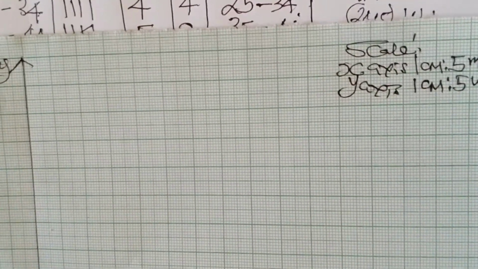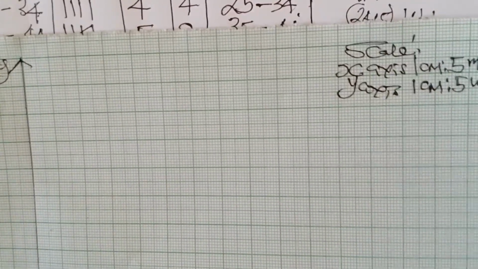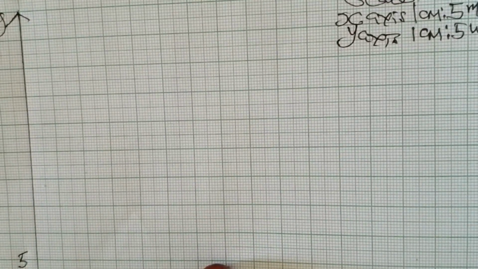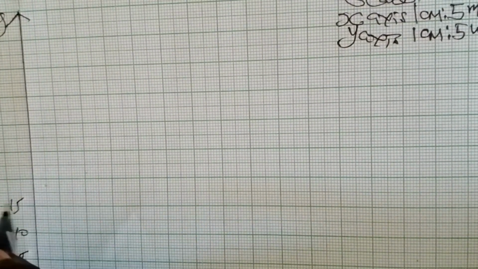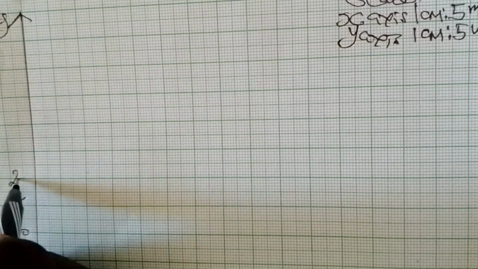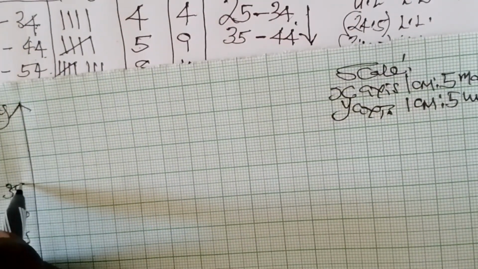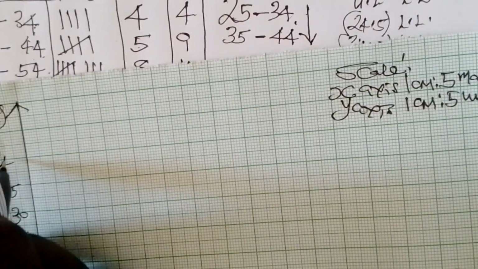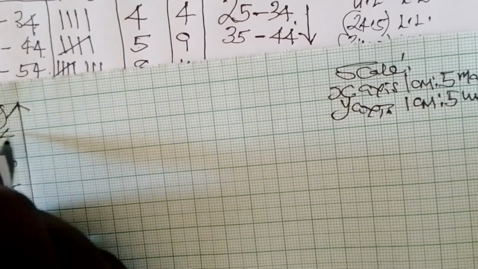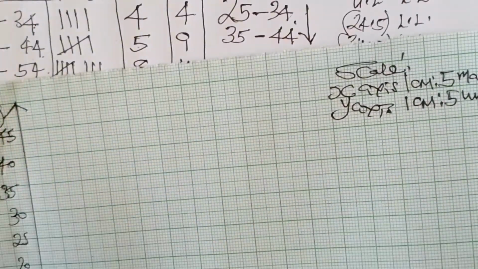So 0, 5, we can label 10, 15, 20, 25, 30, 35, 40, 45.